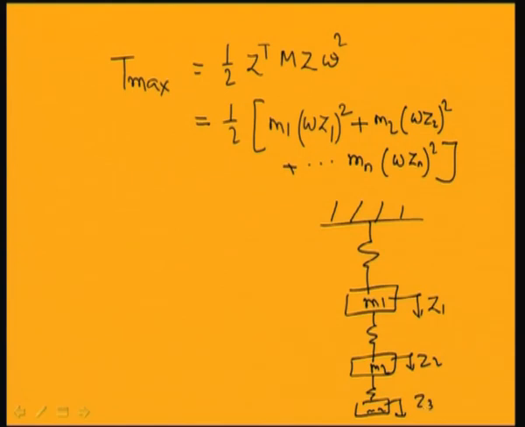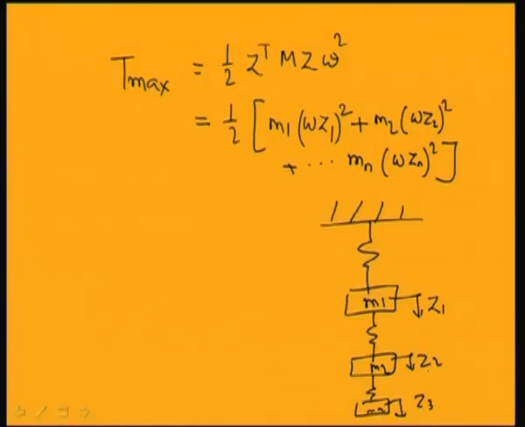So, the kinetic energy will be equal to half m1 z1 dot square plus half m2 z2 dot square plus half m3 z3 dot square. So, assuming z to be in the form of z sin omega t, or harmonic, you can write it this way.